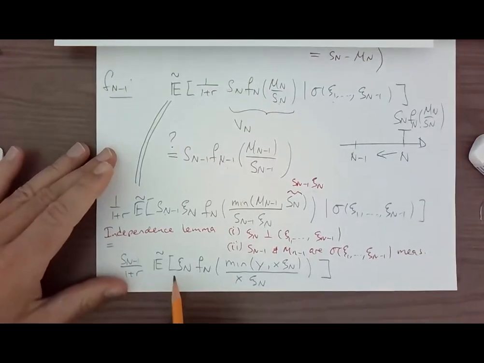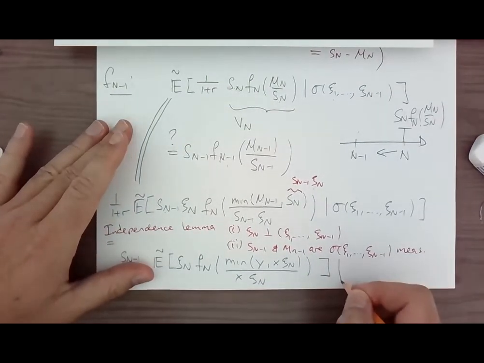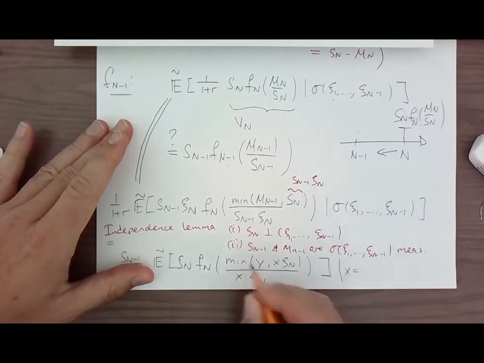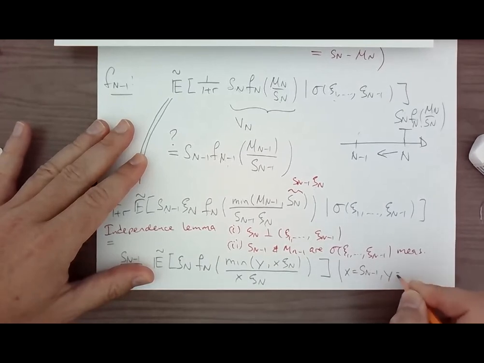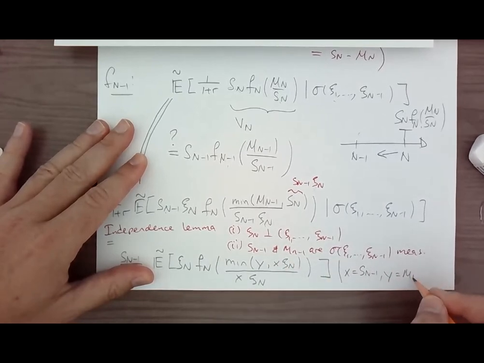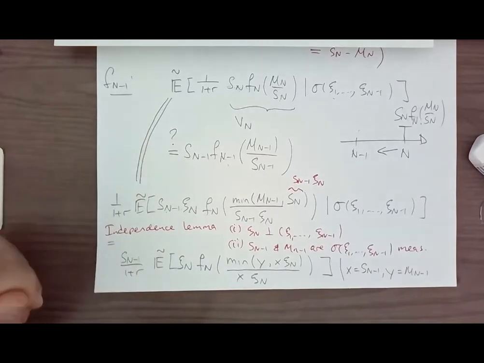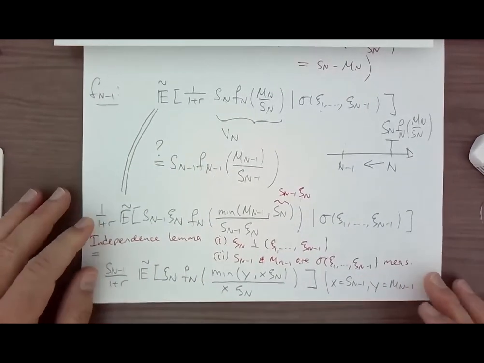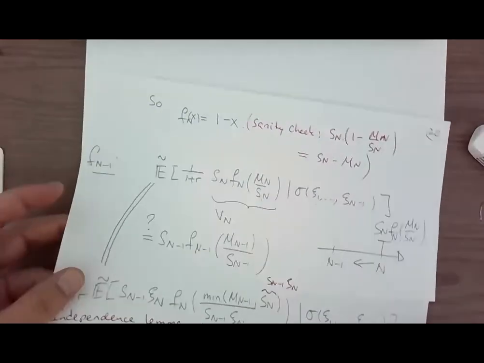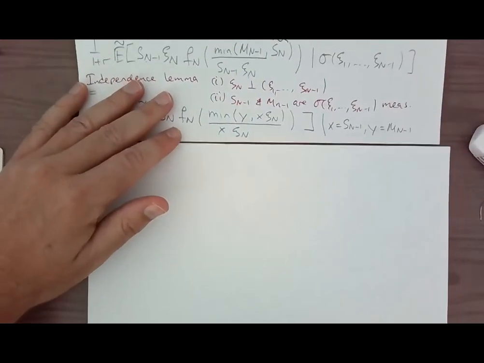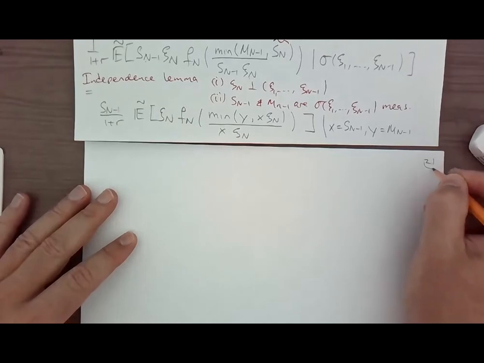Okay, so I perform this calculation, and when I'm done with it, I replace the dummies x and y by x was Sn minus 1, y was Mn minus 1. It's quite similar to what we've done before. It looks messy, but it's not that different. We've seen it a few times today.